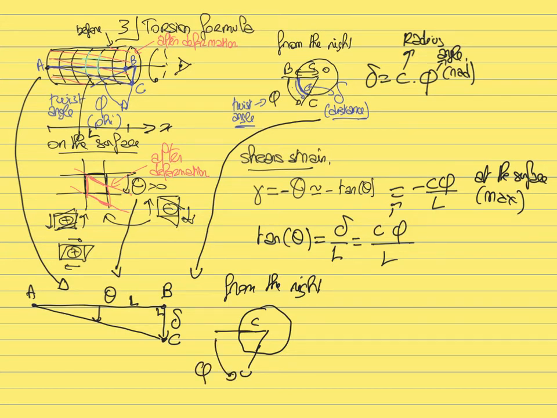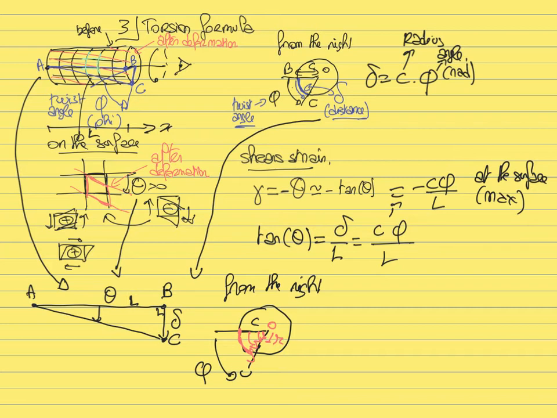If I look at the displacement of these points, if I look at the surface, you have a very large displacement. But if I go deeper and deeper within the shaft, and if I go close to the point 0, then this displacement becomes lower and lower. The distance delta becomes lower and lower if I go closer to the center.